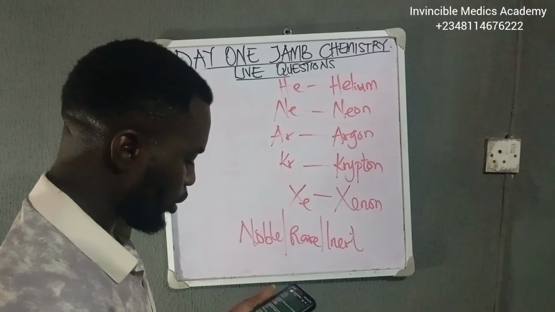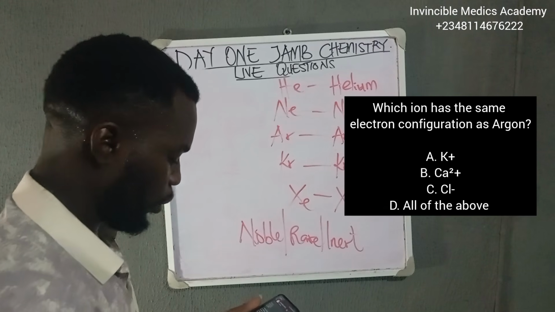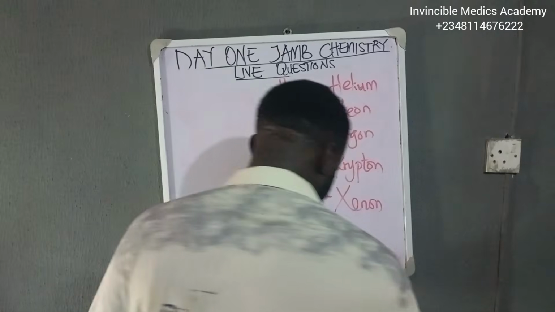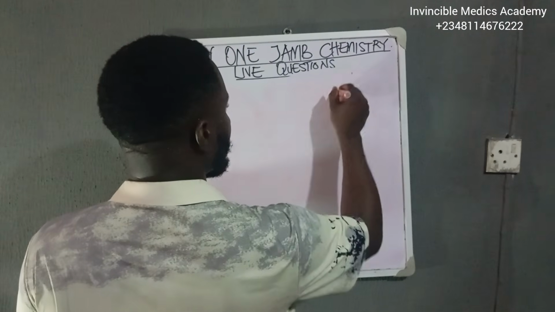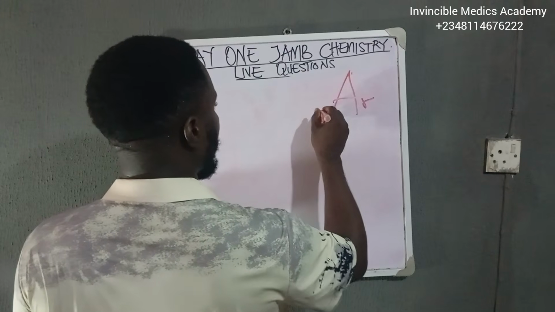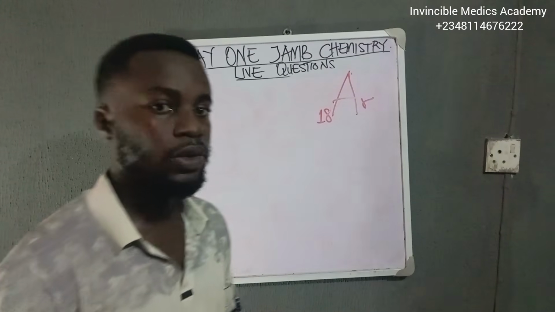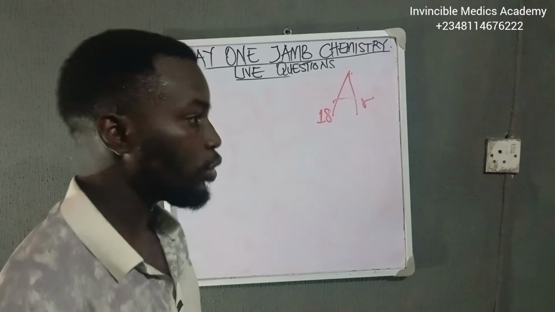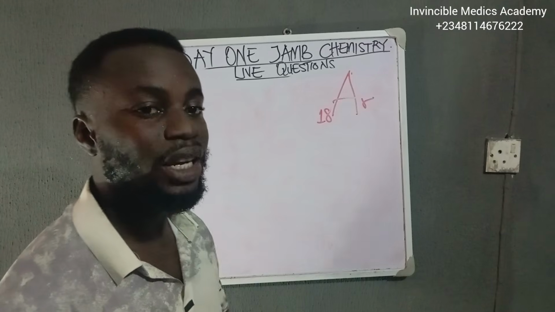Question 8. Which ion has the same electronic configuration as argon? Now, right? Argon is what? This is argon. The atomic number of argon is what? 18. So what it means is that we are looking at the option that the atomic number will give us 18. We don't even need to start doing the electronic configurations.